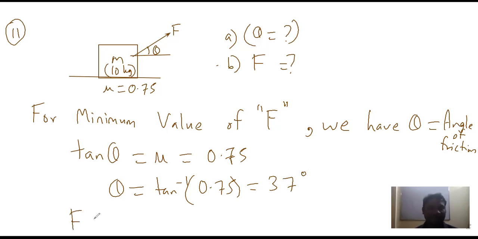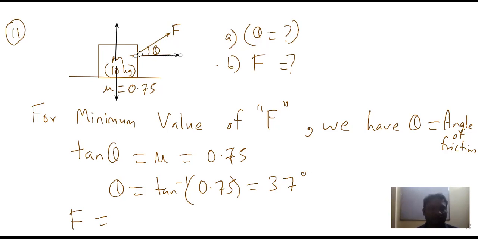And what will be the value of F? So F at this angle theta, let us try to calculate. The magnitude of external force we have to calculate. So in this case, let us try to find the value of minimum force. Now, one force acting here is mg in downward direction. We show it in black color. Another force is normal reaction in upward direction.